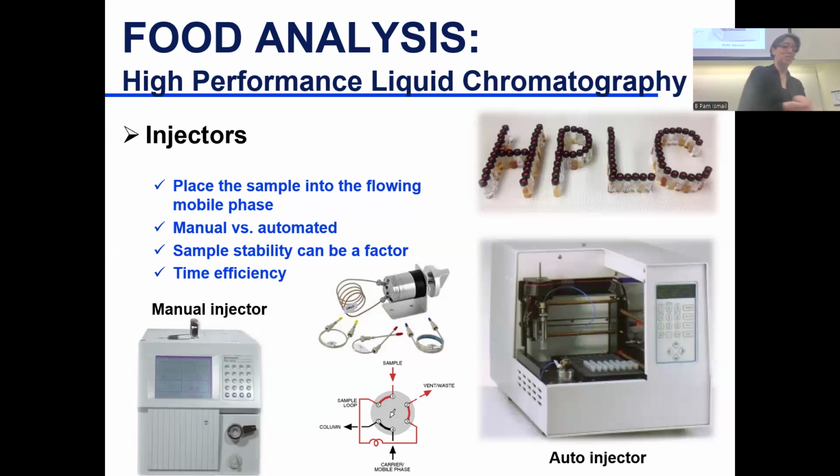It's a refrigerator kind of coolant, so that if you have components that degrade over time, you have 50 samples, each run is 30 minutes, and you worry about potential degradation of the components overnight if you're running all of them overnight, you want to keep them cool to prevent degradation. So that would be nice. You would get a cooler and put it at 4 degrees and run your samples overnight and not worry about them getting degraded.